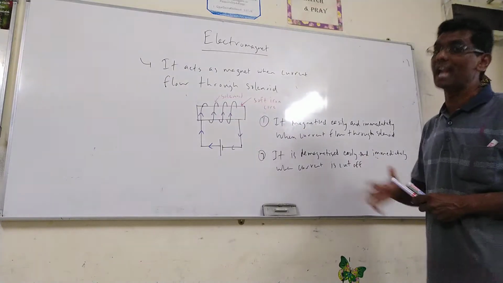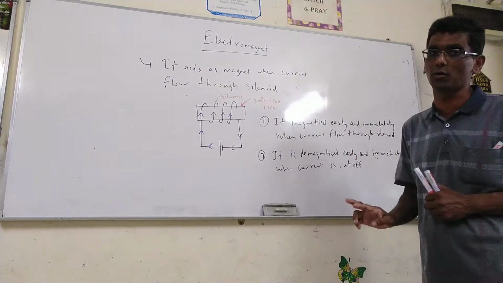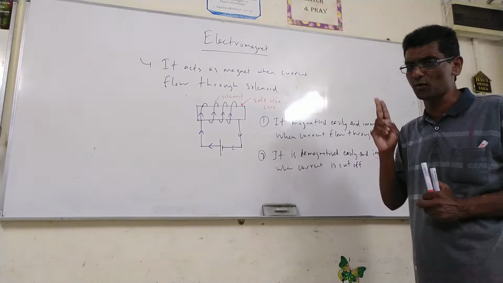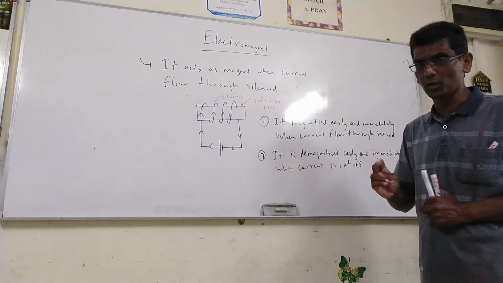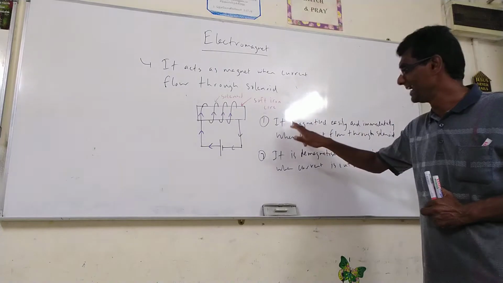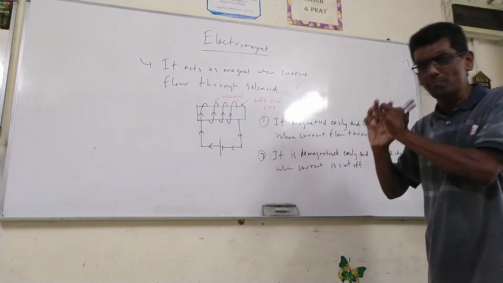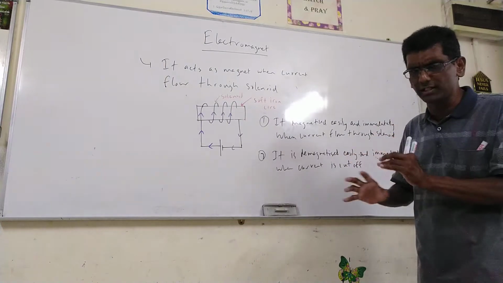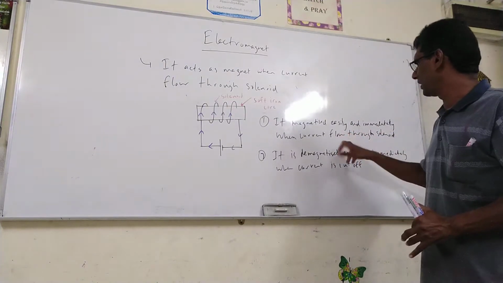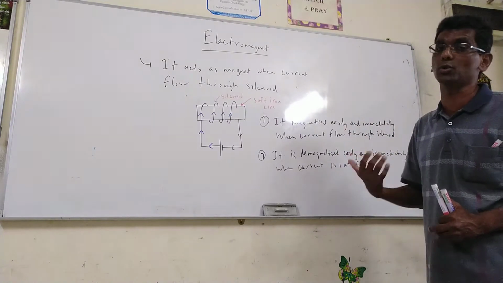There are two very important natures of soft iron core. First, it magnetizes easily and immediately. It's not only easily, it immediately becomes a magnet when current flows through the solenoid.